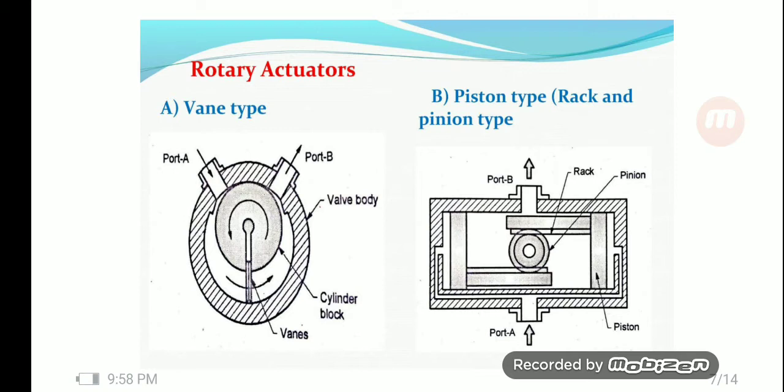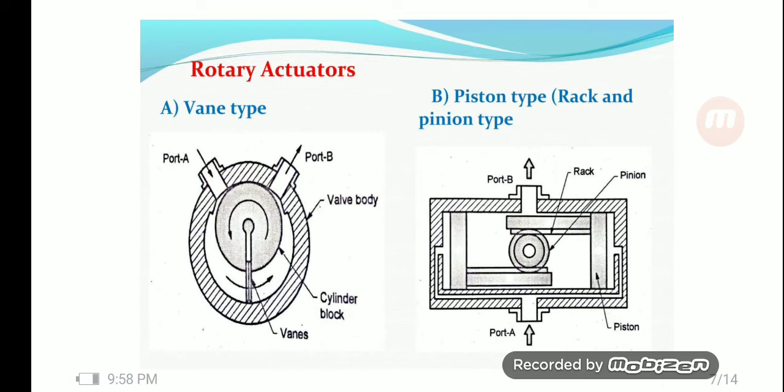The second type is the piston type, or we can say rack and pinion type. In this, the pressurized fluid is inserted from port A, which is supplied to both sides from the small tubes. The pistons from both sides come closer to each other.